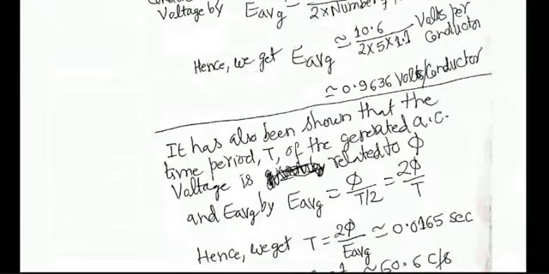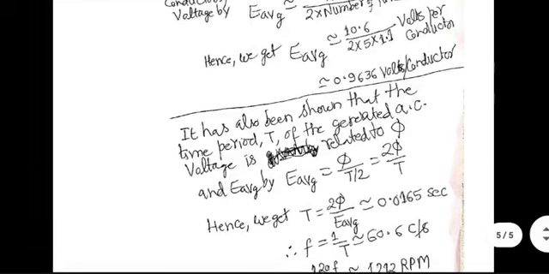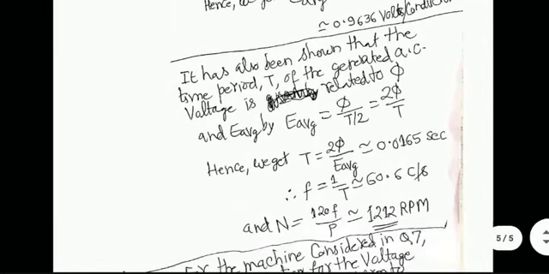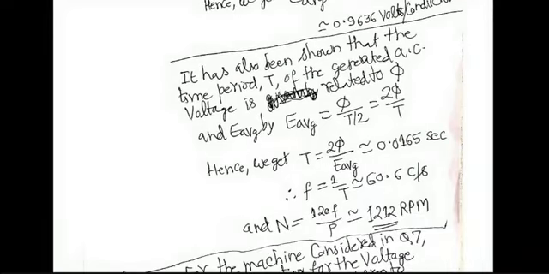Again, I'm giving it to you without proof, okay? But it's good to be aware of the equations that are used by engineers in real life. So from there, you figure out the time period, and then frequency is easy to figure out. You are getting almost 60 hertz. And N is very easy to figure out from there because number of poles is given. So everything else is simple enough.